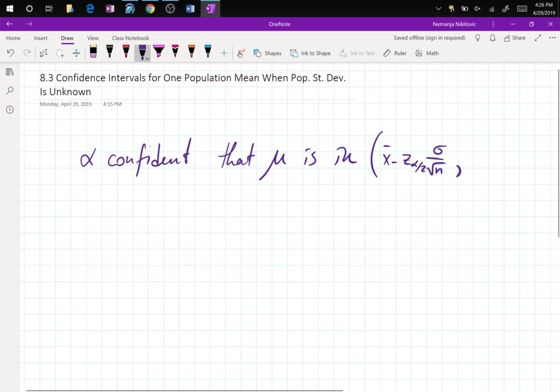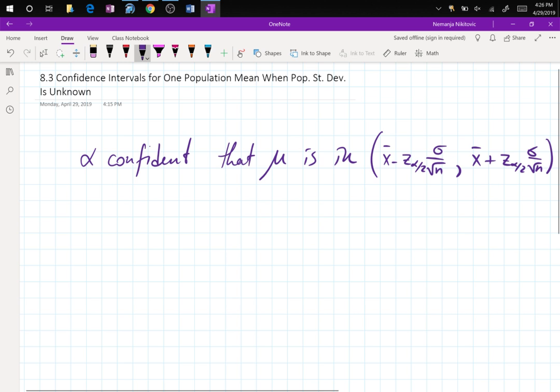As you can see, our confidence interval there depended on z alpha over 2, which is a statistic that is related to the population. You need the mean and standard deviation to calculate z. And also sigma is in the formula, and sigma is the population standard deviation.